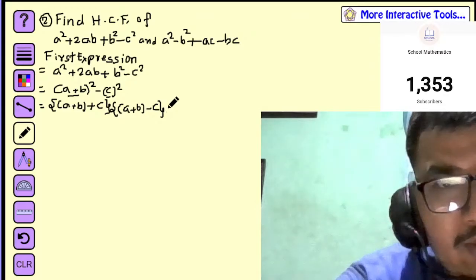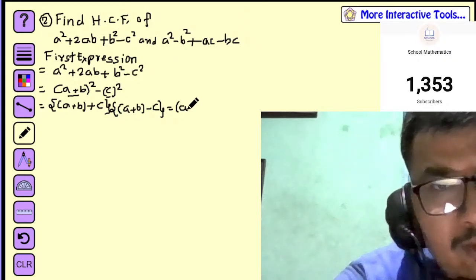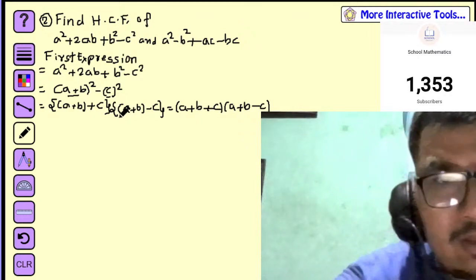When you factorize this, the first factor will be a plus b plus c, and the second factor will be a plus b minus c. Like this we have to write the two factors.